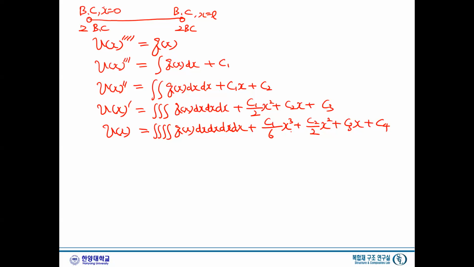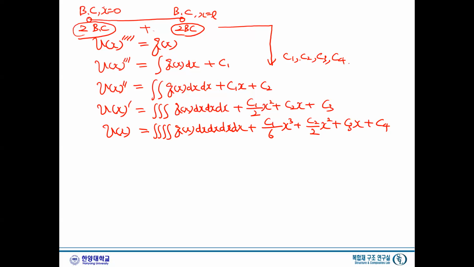Now here we obviously have four integration constants C1, 2, 3, 4, which will be obtained using two boundary conditions at x equals 0 and another two boundary conditions at x equals L. So total four boundary conditions. These four boundary conditions will be used to calculate C1, C2, C3 and C4.